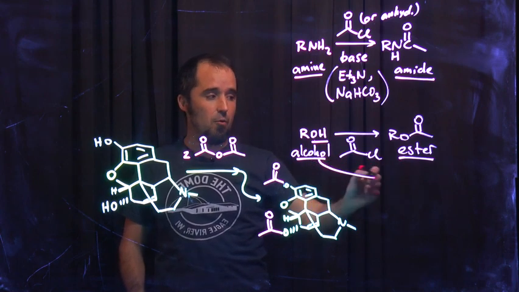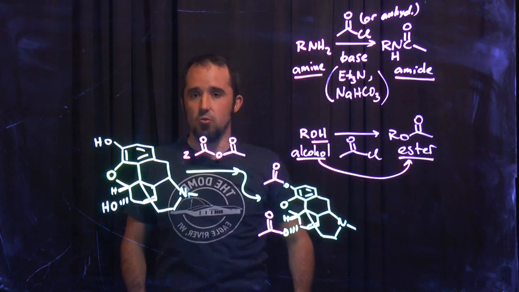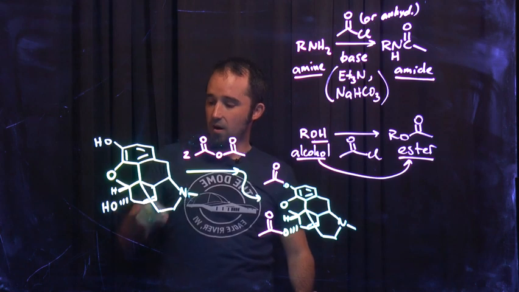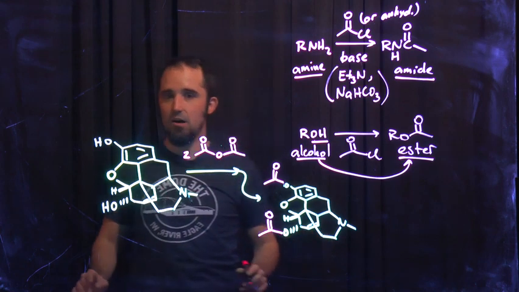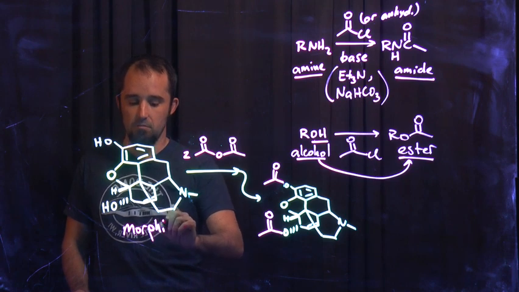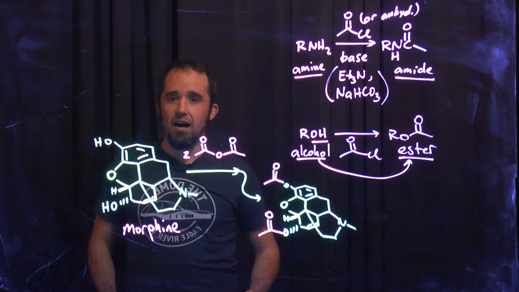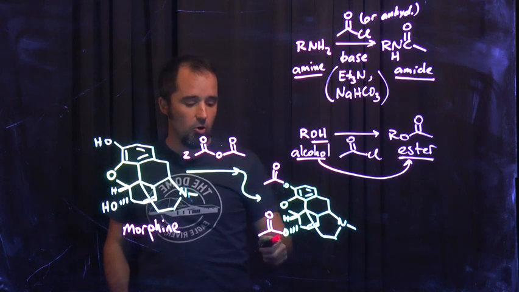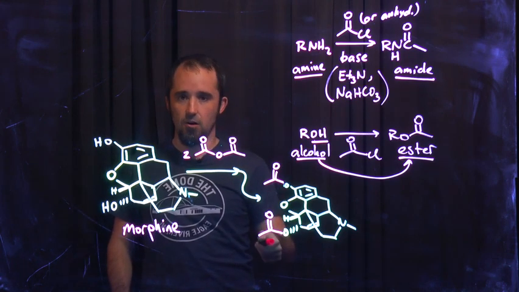So this is also my way to make alcohols into esters. So here's an example. This is a very complicated natural product found in the opium poppy. This is morphine. If I treat morphine with acetic anhydride, I'm going to form a diester here, right?